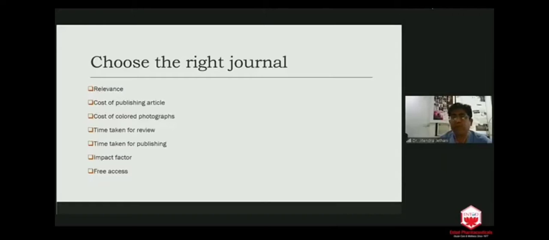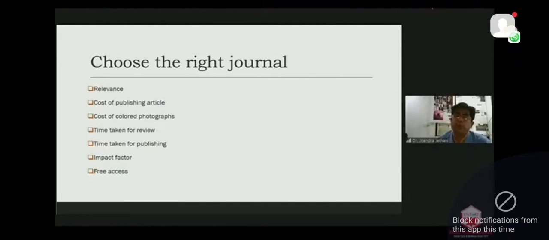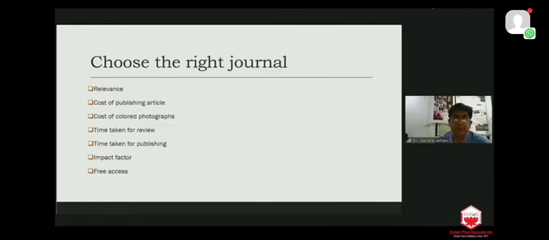Like Graefe's Archives of Clinical and Experimental Ophthalmology, I feel it's a wonderful journal because it does not charge you for colored photographs, and it doesn't even charge for publishing articles. It has a high impact factor, but it doesn't have free access. You need a subscription for that. So your article won't be visible to the masses, but only to people who have a subscription to Graefe's.